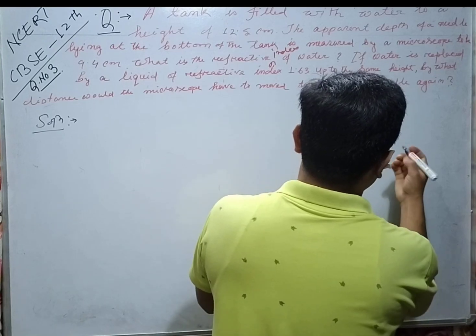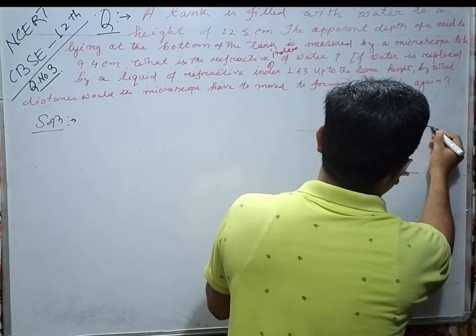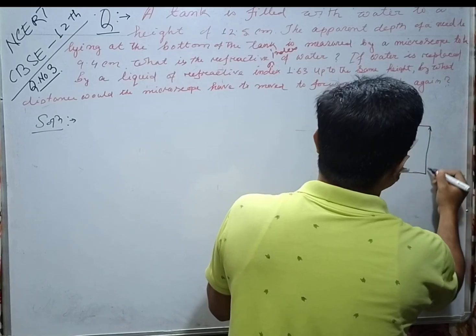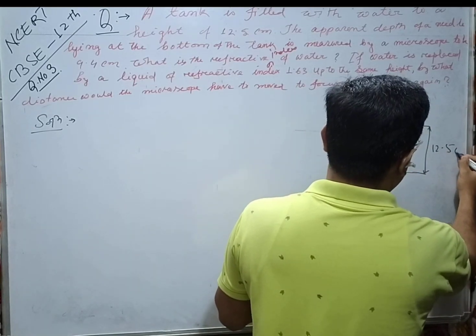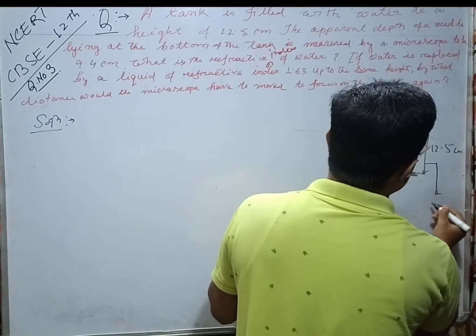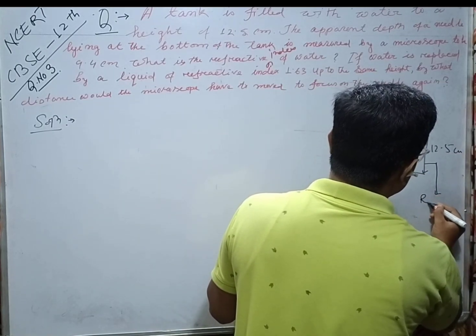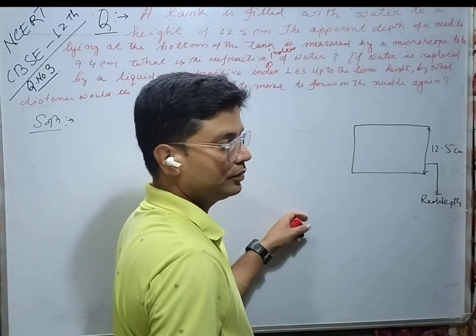Suppose here is a tank. This is the depth of the tank, 12.5 centimeter. The depth of the tank is considered the real depth.